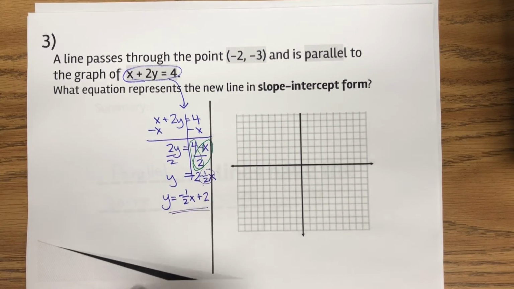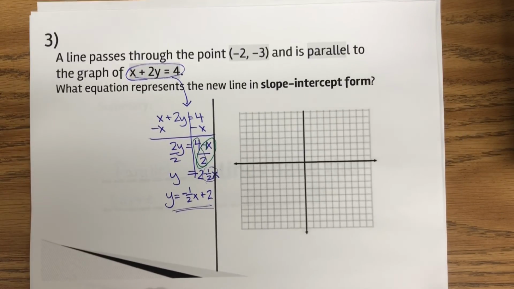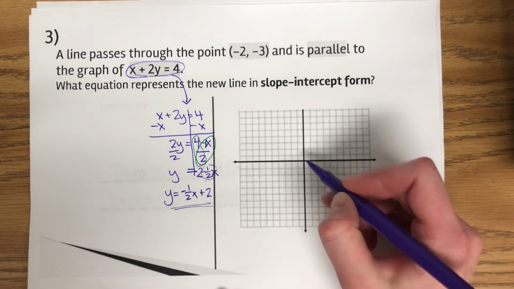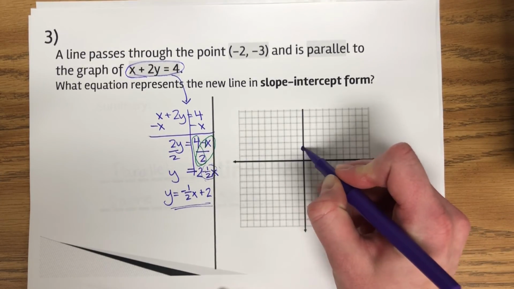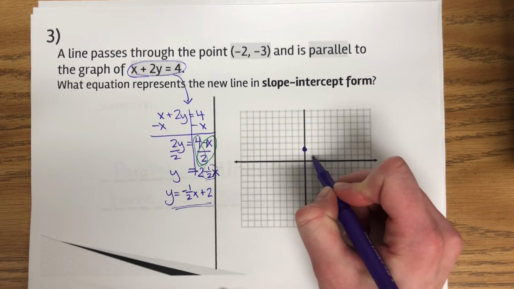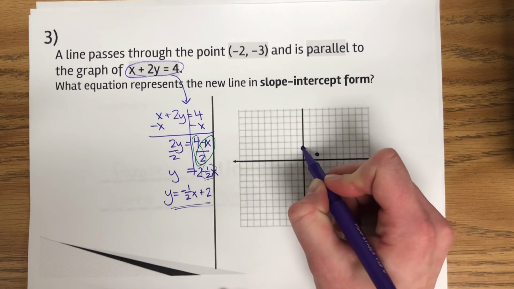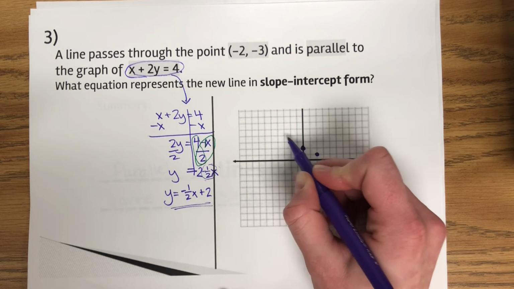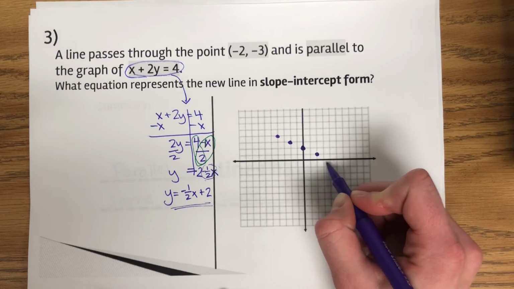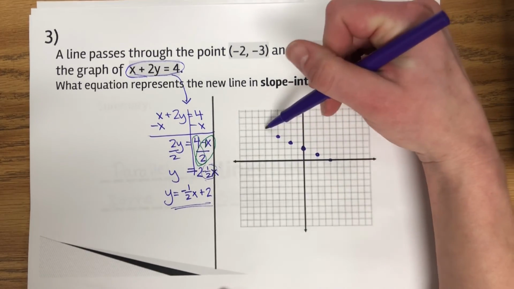So there's our original equation, and we can graph that. So y equals negative 1/2 x plus 2. Notice it's a negative line, and then down 1 over 2. You can reverse it, up 1 over 2, and so on. Okay, so there's our original line.